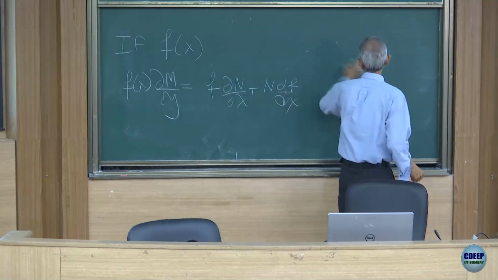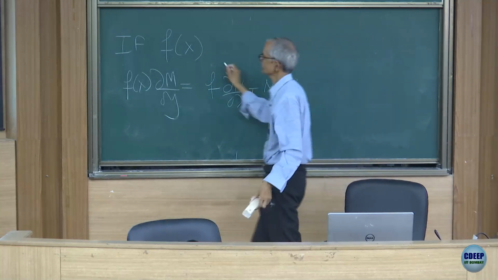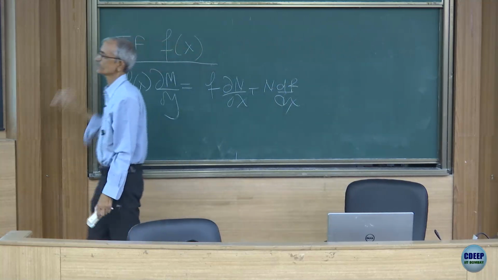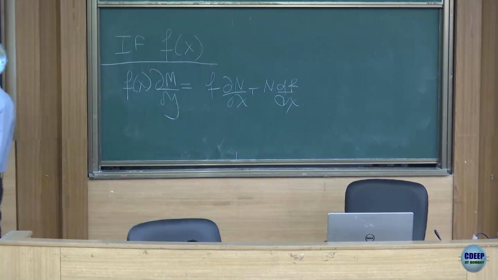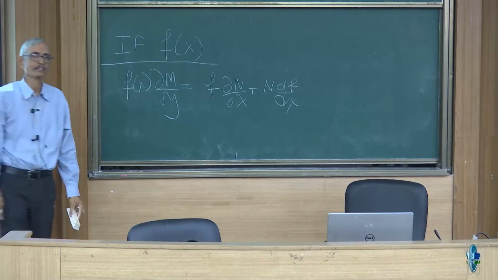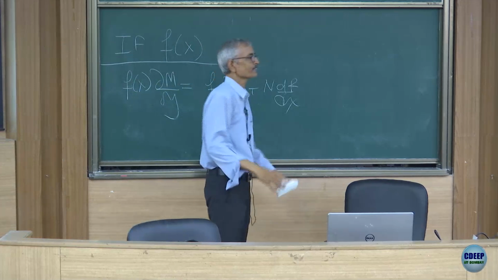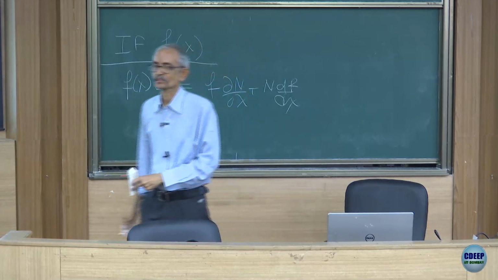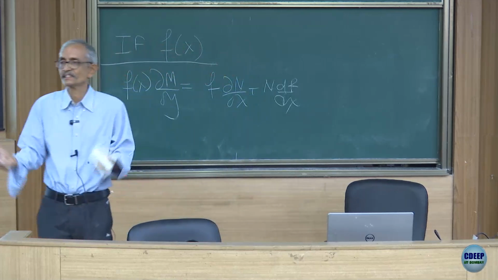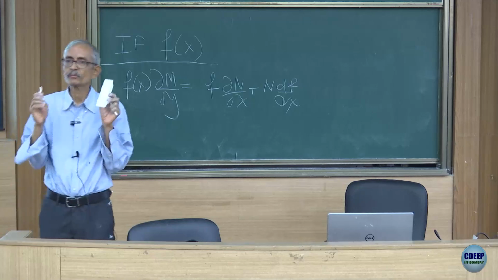f times del N del x plus N times df dx. Up to here, again, remember that we have made a big if here. We have said that if f is a function of x only, then this happens. Okay, still no juice because I have to get this f. Remember, what's my objective?